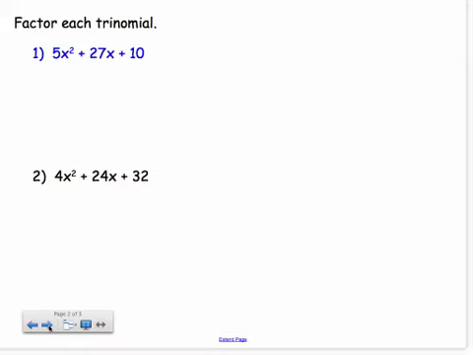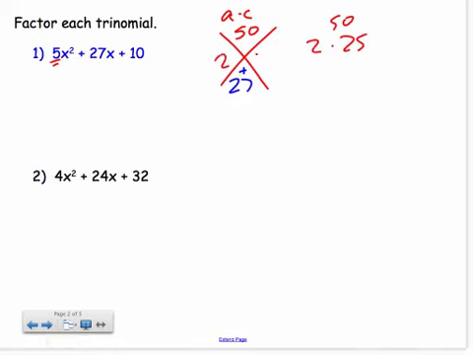So now that we have a coefficient on our quadratic, we have to use our a times c, which is 5 times 10 to give me 50. Now I've got to think of factors of 50 that add up to 27. Well, this is just what we did, isn't it? We found that 2 times 25 worked. So we keep the first one the same.